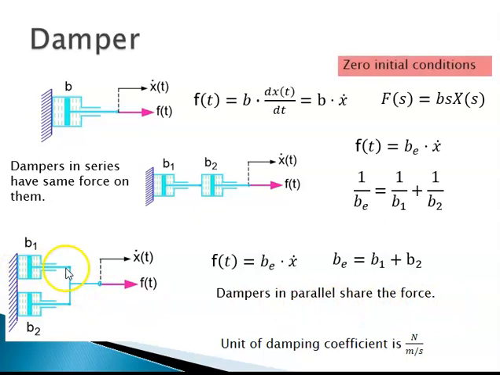That is, the force in damper 1 plus the force in damper 2 is equal to the external force applied onto the parallel damper connection. F(t) has units Newton, x dot has units meter per second, and BE has units Newton per meter per second.